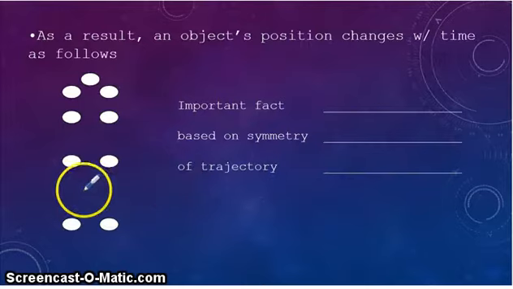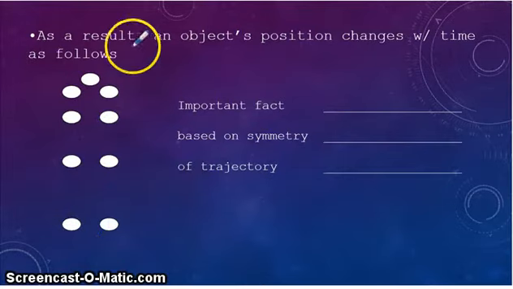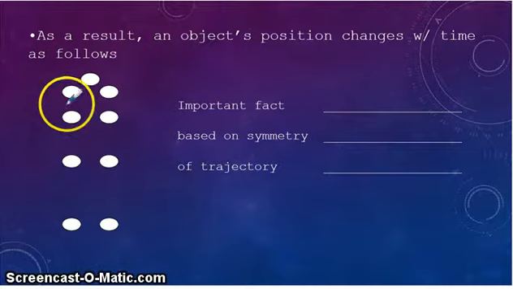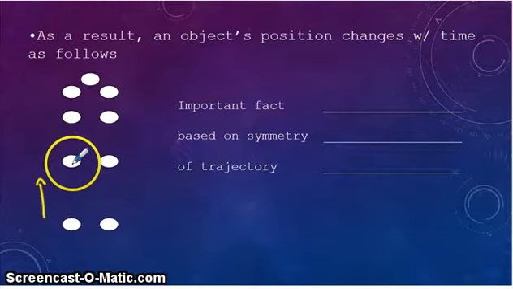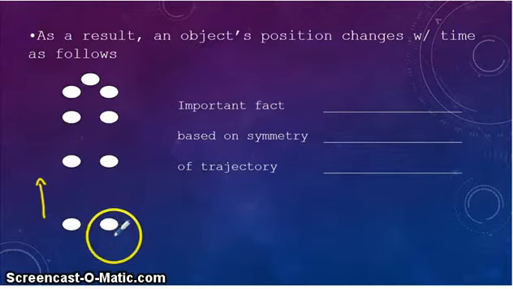So if we're looking at an object, and let's say we toss a ball up and we watch it go up, every second these dots represent its motion on the way up. So at the start, there it is, 1 second later, 2 seconds, 3 seconds, etc., and then it comes back down.